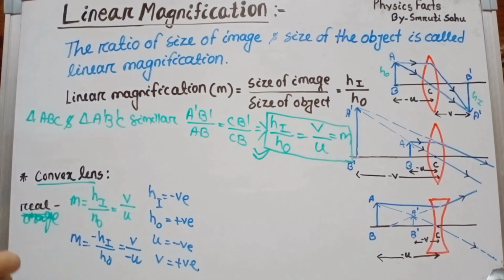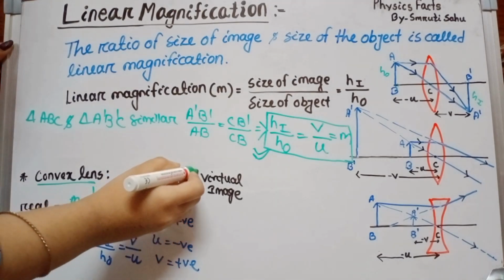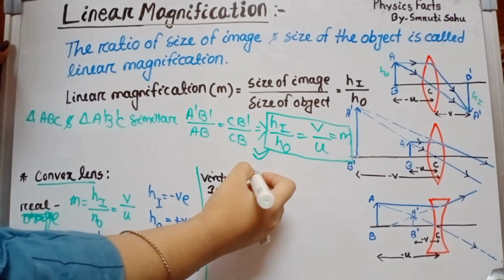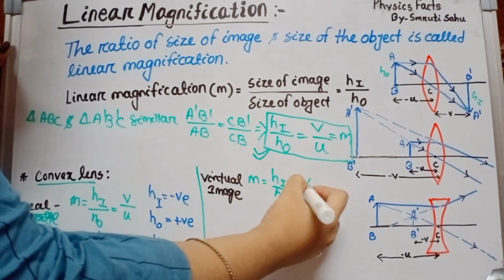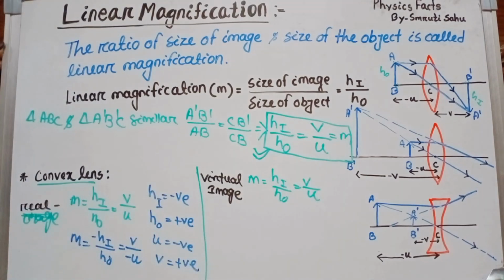But as we discuss for a virtual image, we know that m equals HI by HO equals v by u. So put the sign convention here also.